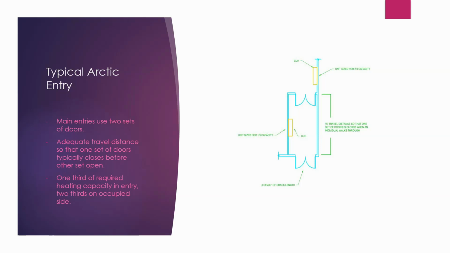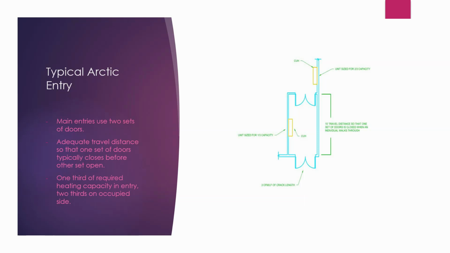And so a good design criteria for well-traveled entrance doors is 3 CFM per linear foot of crack length of the door. And that times your design temperature will give you the BTUs that are necessary to heat this entry.